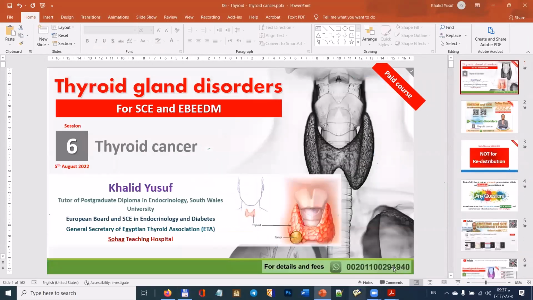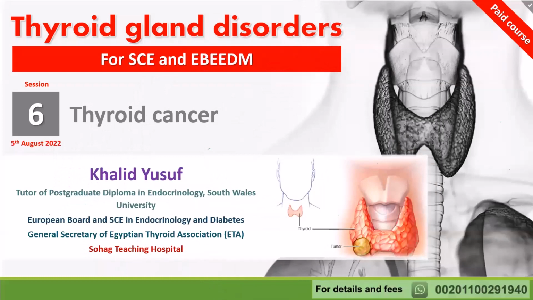I think this is the number. This is the number which I send the WhatsApp group from. So for all who subscribe with me, this number must be saved in your local phone.